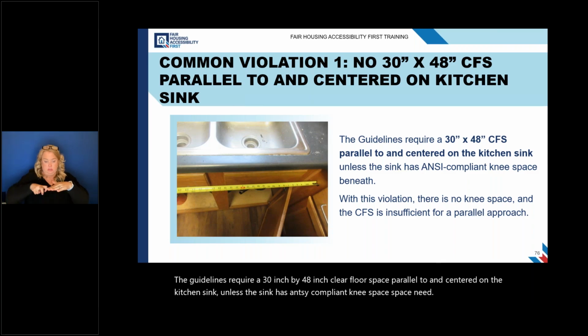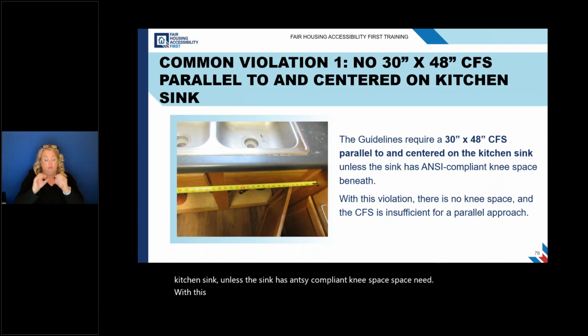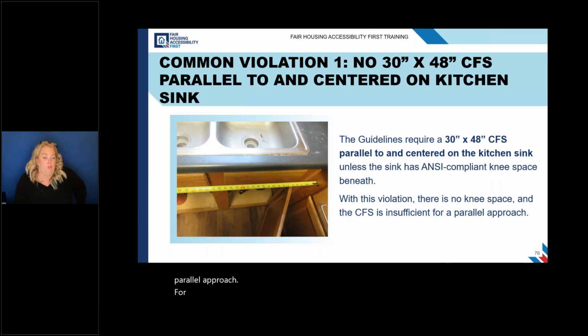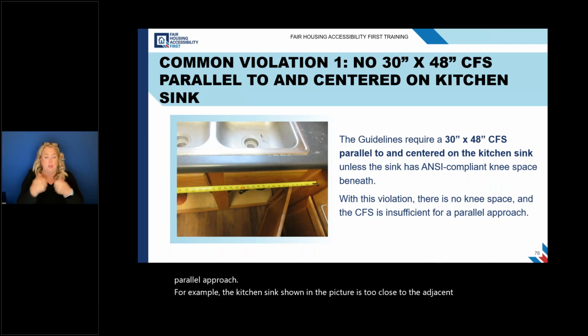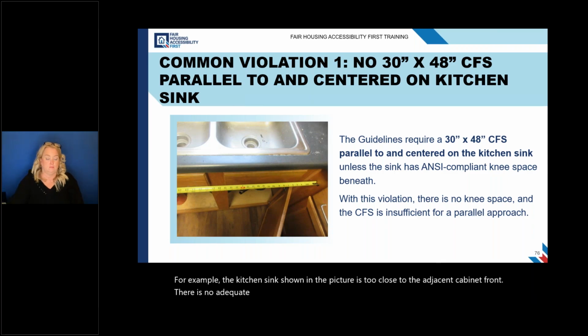With this violation, there is no knee space and the clear floor space is insufficient for a parallel approach. For example, the kitchen sink shown in the picture is too close to the adjacent cabinet front. There is no adequate space for a seated user to use the fixture safely.